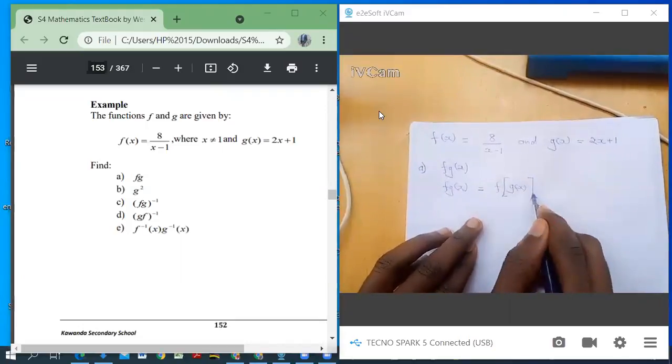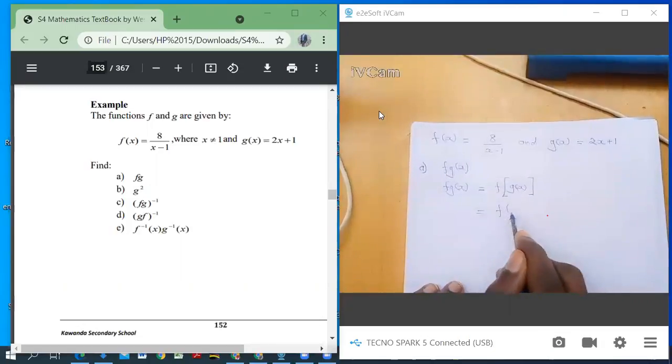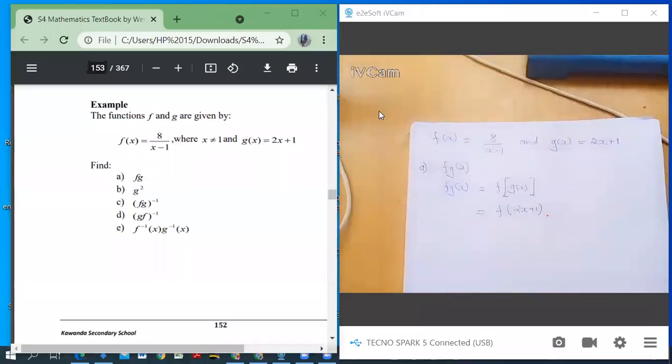What is g of x? 2x plus 1. Now we take it as a single function.